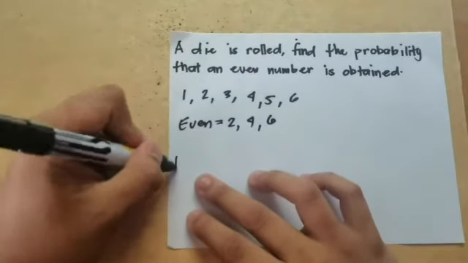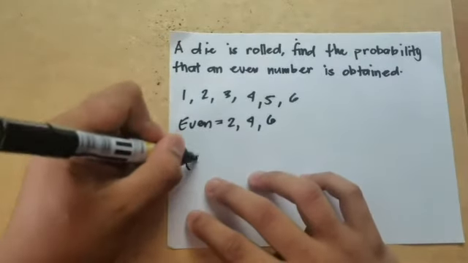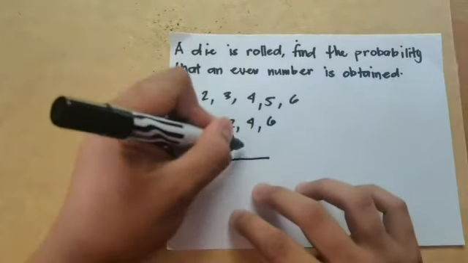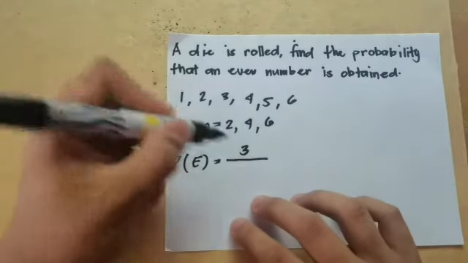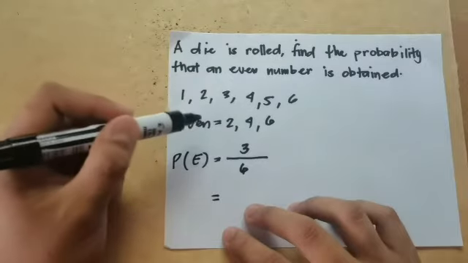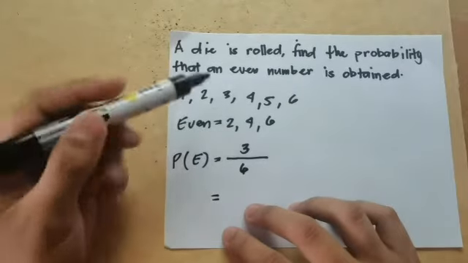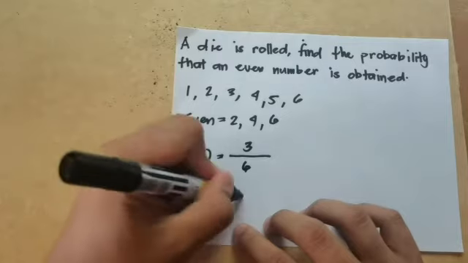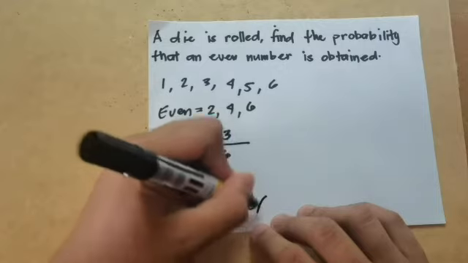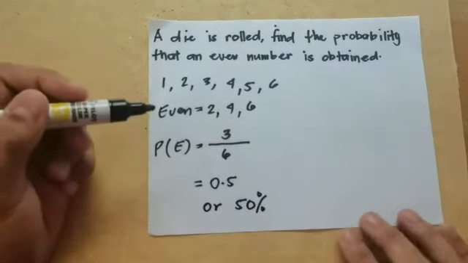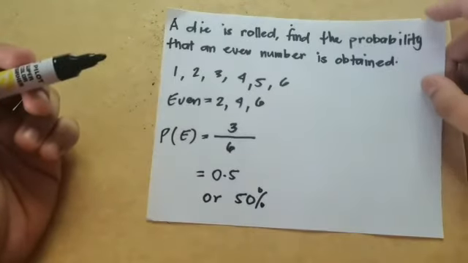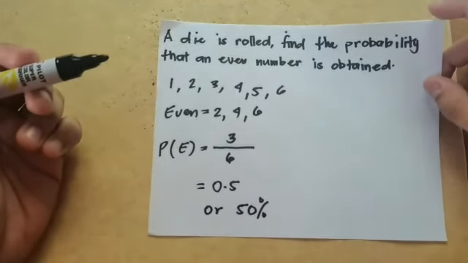So the probability of getting an even number when you roll a die is equal to 3 over 6, because there are 3 even numbers and 6 total. 0.5 or 50%. That means you have a 50% chance of getting an even number when you roll a die.